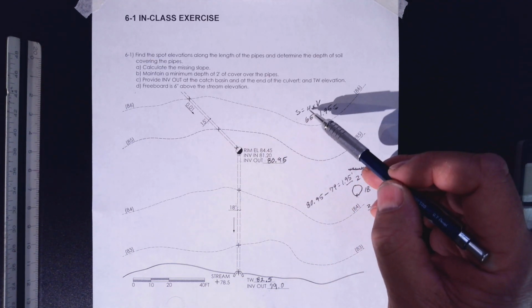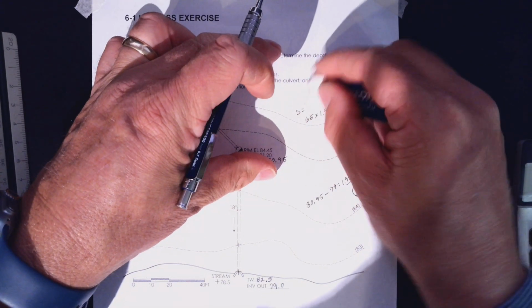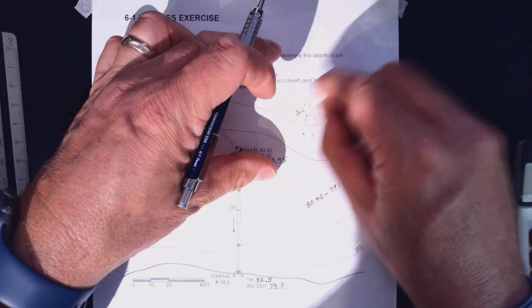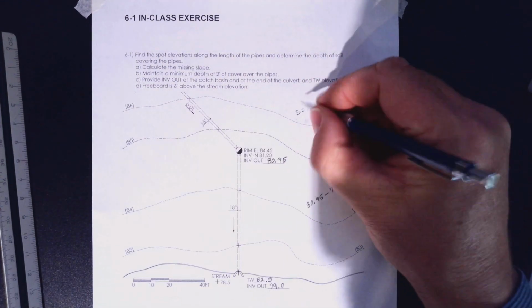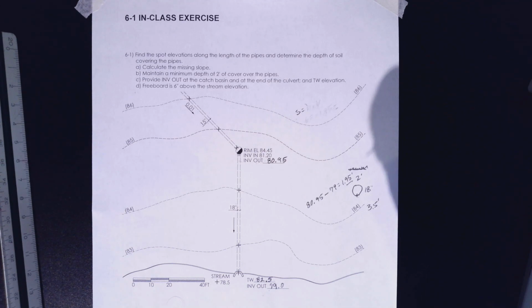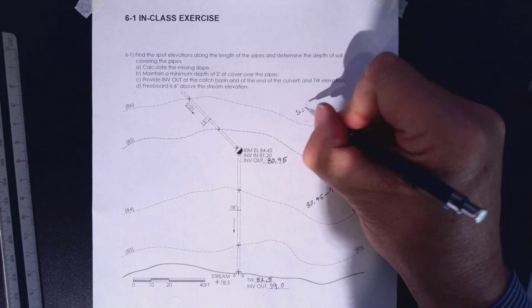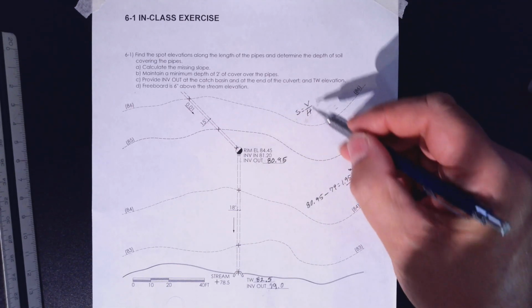Slope equals horizontal... oh, sorry about that. All these calculations floating around. So slope equals vertical. Let's see. Get my pencil to work here. Come on, there we go. Slope equals vertical divided by horizontal. Hopefully you guys caught that. I was just testing you.